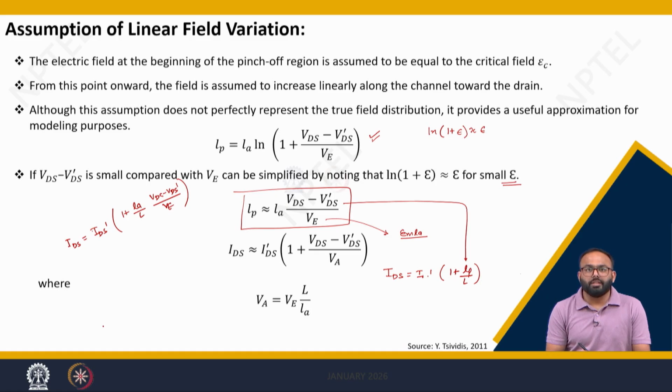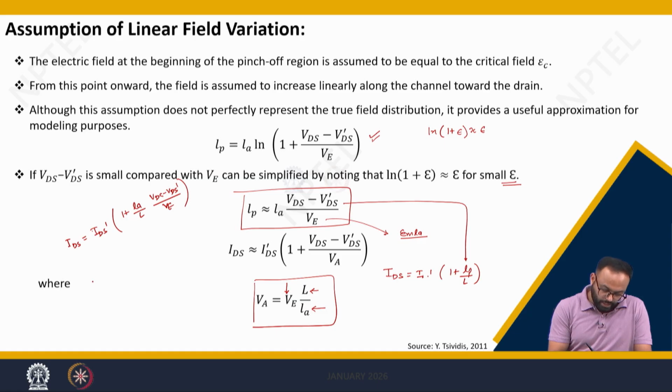Here we are defining another term which is VA. VA is nothing but VE into L divided by LA, where VE is the electrostatic fitting parameter, L is the channel length, LA is the characteristic length, which is 1 over K we have just defined, right. So, ultimately the current equation can be given as IDS equals IDS dash into 1 plus (VDS minus VDS dash) divided by VA.